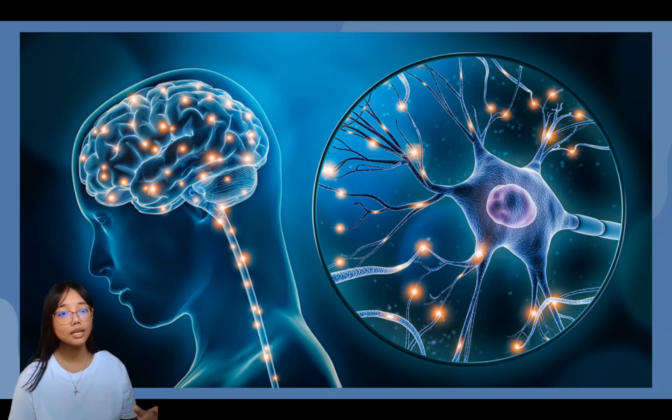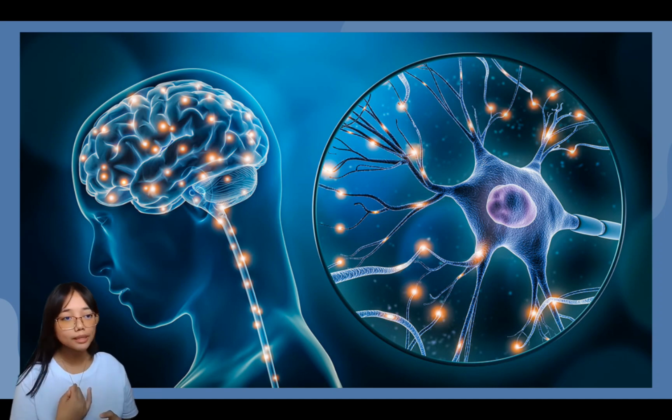So, in the next slide, you can see that there are electrical signals inside the brain between the nerves. These are cells that are called neurons. These electrical charges that are communicated from one neuron to another are called action potential or nerve impulse. These signals are generated by the movement of ions across the cell membrane of the neuron. They are responsible for transmitting information throughout the nervous system.